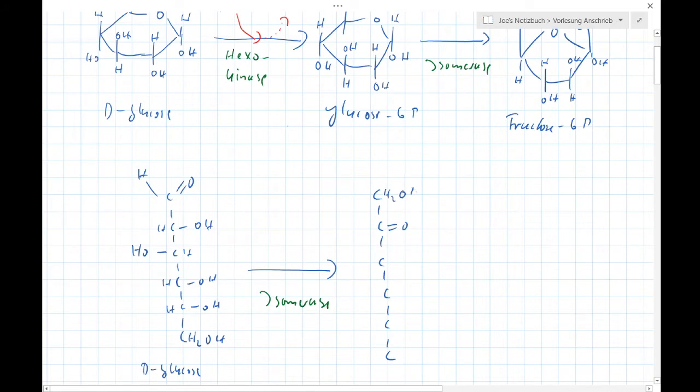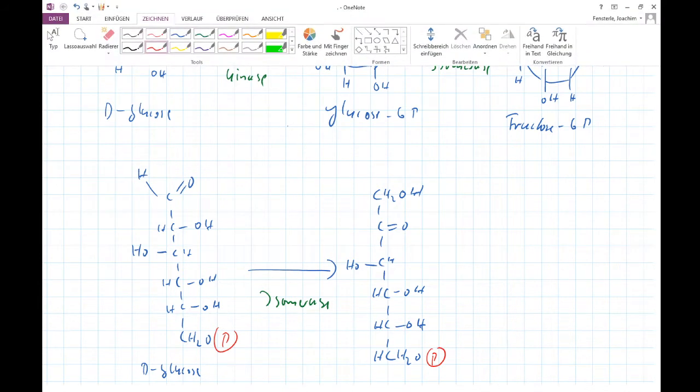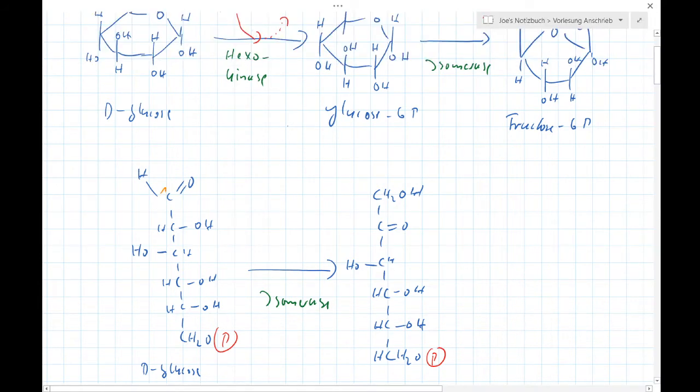Of course, then the hydroxyl group needs to go up, and the remaining hydroxyl groups remain at the same position. So this one is here, and if it's phosphate, the only difference is that I have my phosphate here. So phosphate, phosphate, because you count from the reducing group. So this is C1, C2, C3, 4, 5, 6, and therefore the molecule is called glucose 6-phosphate, and in this case, of course, fructose 6-phosphate.